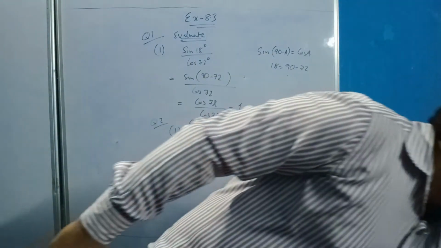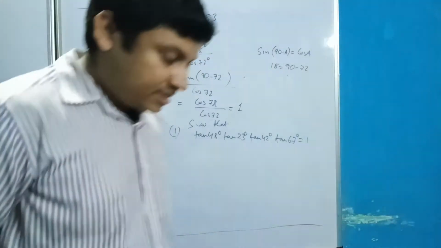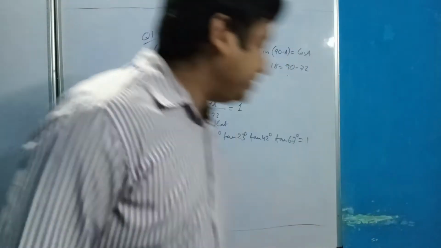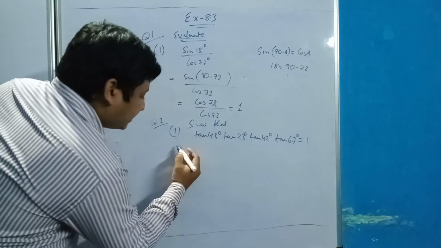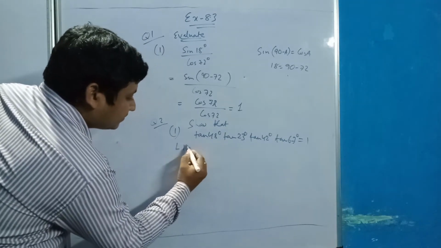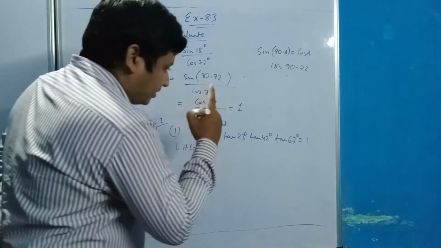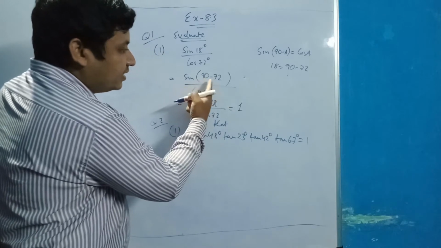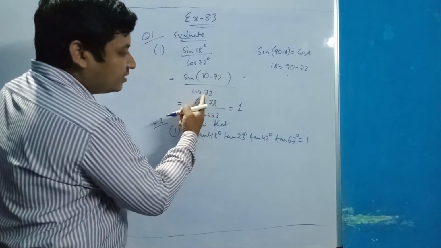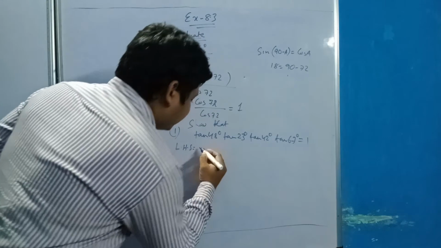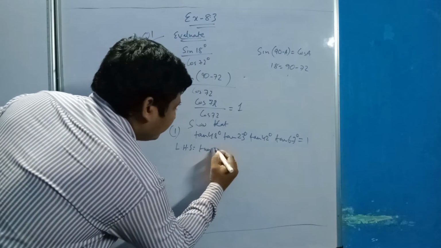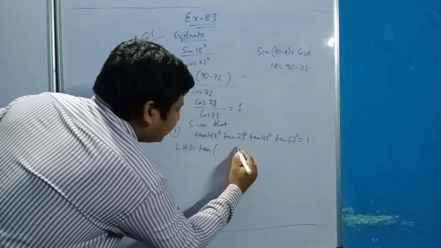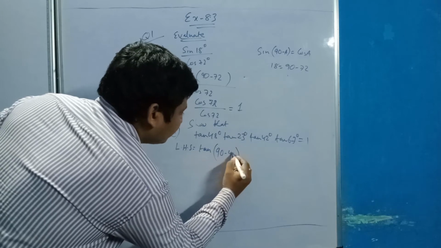Let me keep the book here separately so that I can write comfortably. So let us take the LHS. Again, the way we were solving before, one we change and the other we leave. Here also we will do the same. Tan 48 can be written as tan(90 minus 42).